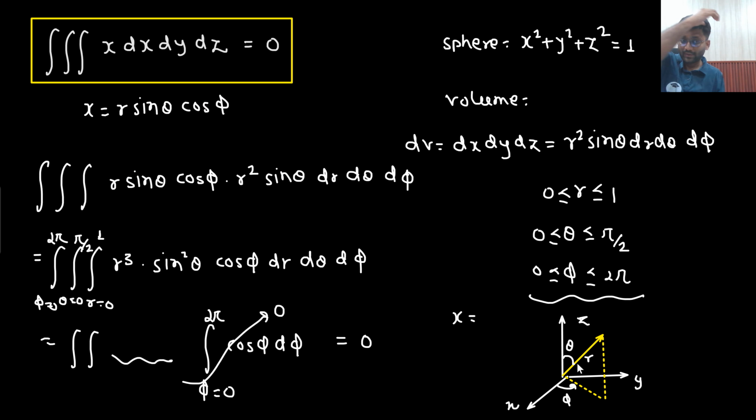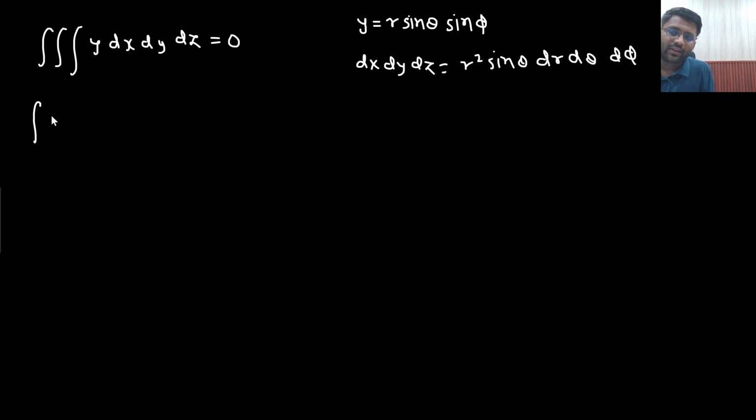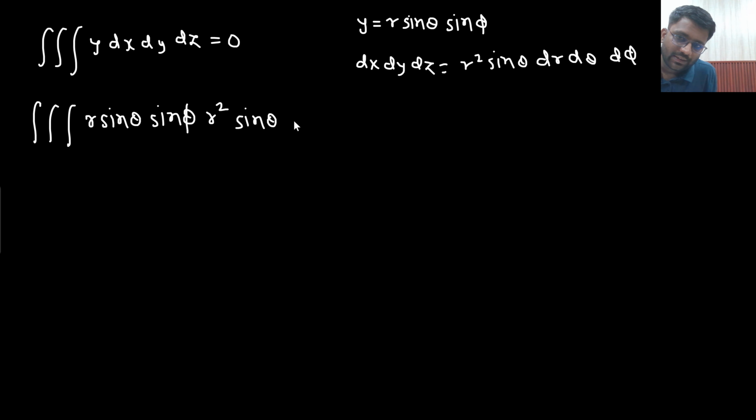How am I putting all these things? From here, y equals r sin theta sin phi. Then you will integrate r sin theta sin phi, and then r square sin theta dr d theta d phi.